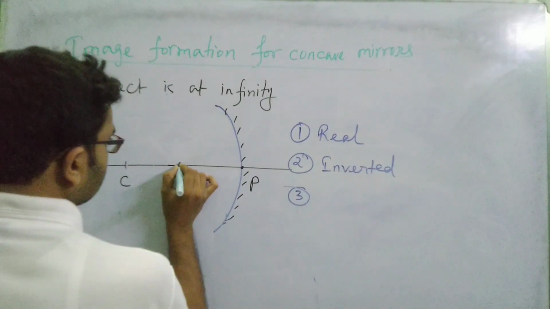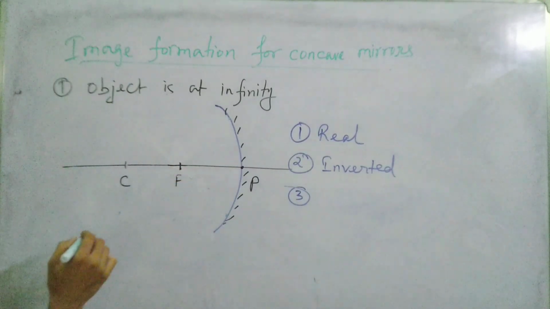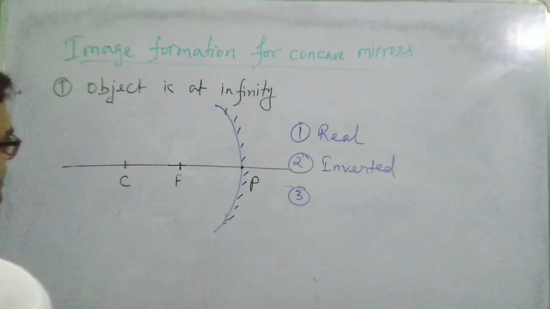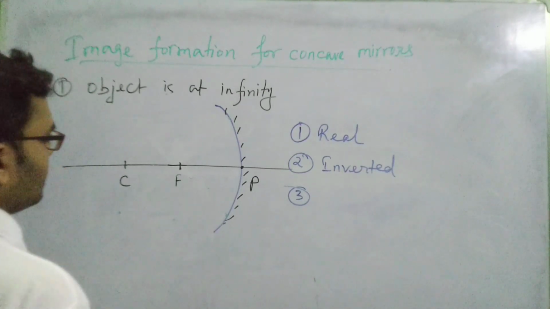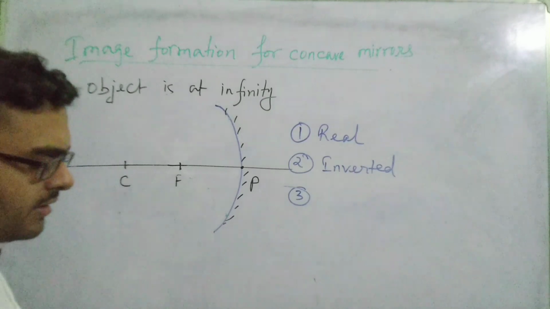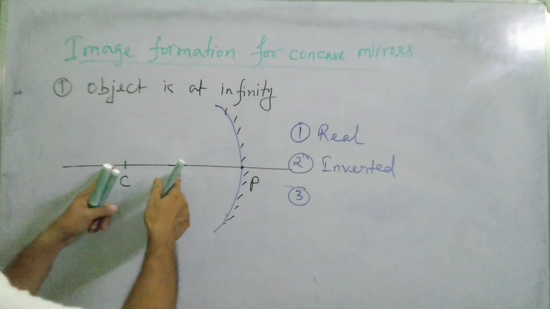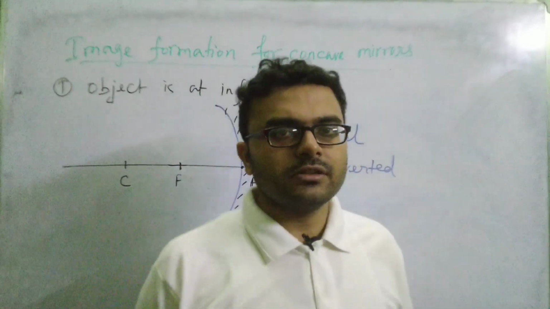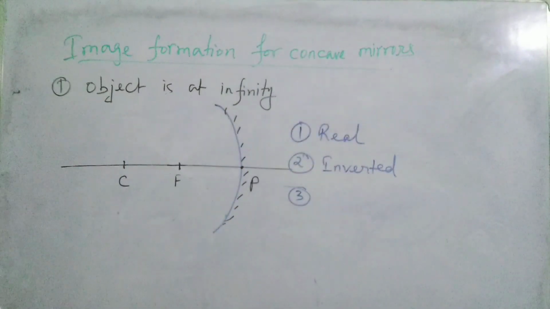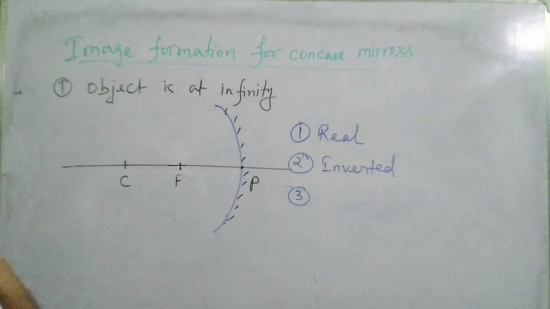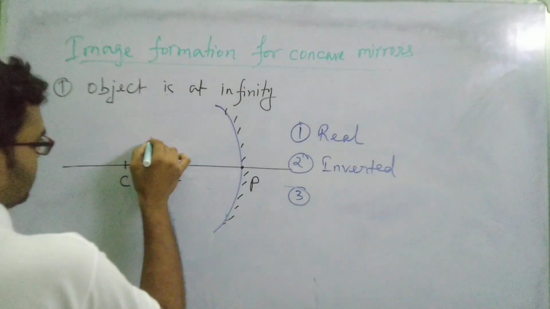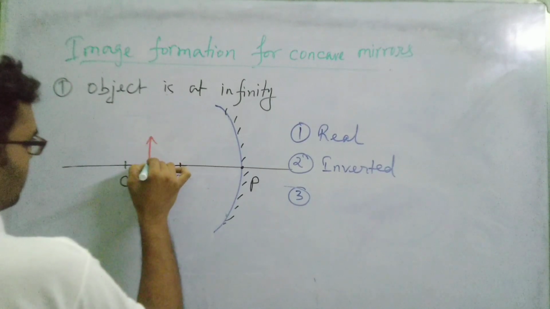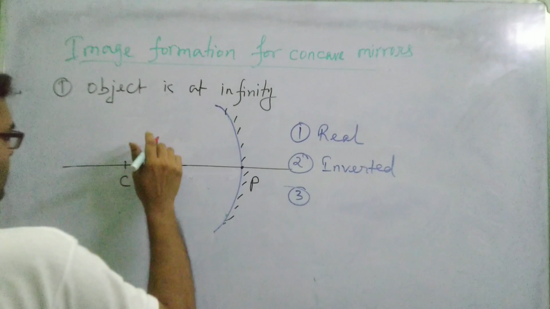So this is your F, okay, and this is your C. Now when we are considering that the object is kept in between the center of curvature and the focus, it should be in between this point C and F. Now I should mention here that when you are taking the object height, say this is an object placed in between the C and F. Okay, the object is upright, it's just erect.